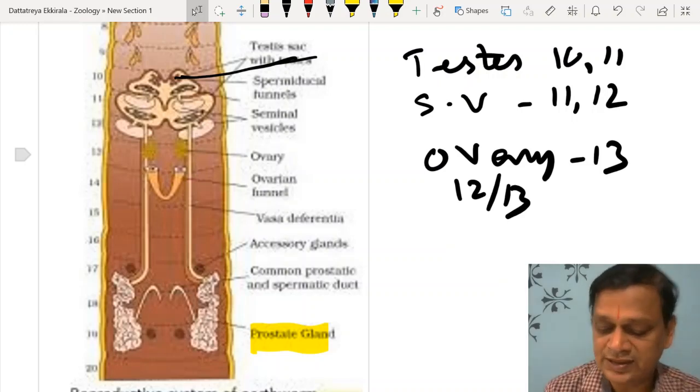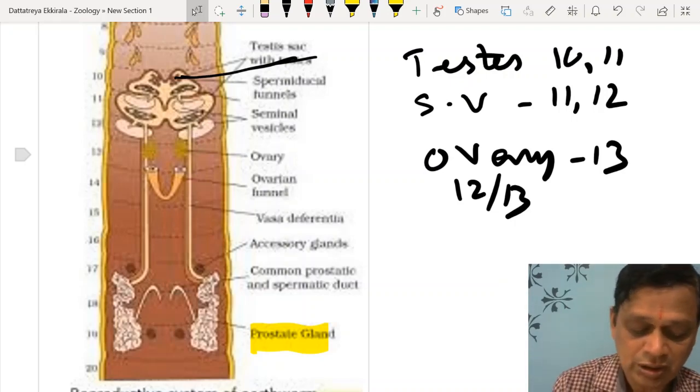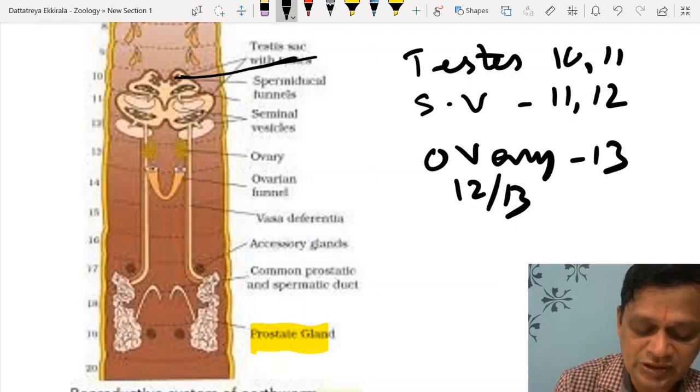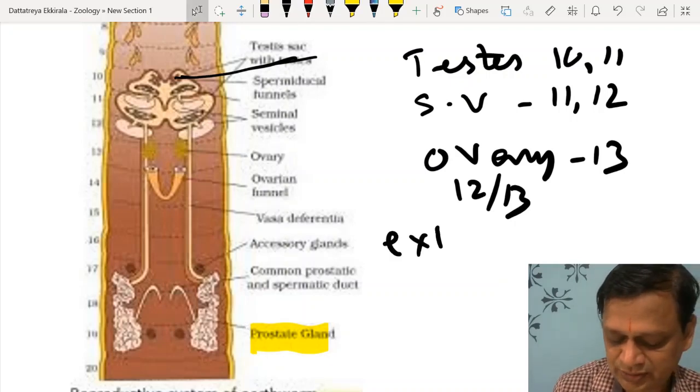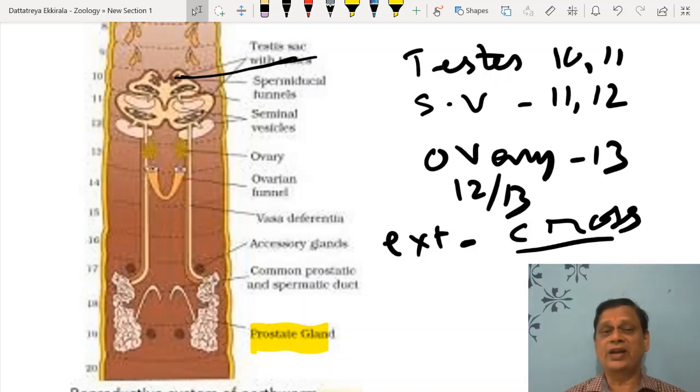So fertilization will be external fertilization and cross fertilization. External fertilization takes place in the cocoon formed by clitellum. You know that clitellum is present between 14, 15, 16 segments.